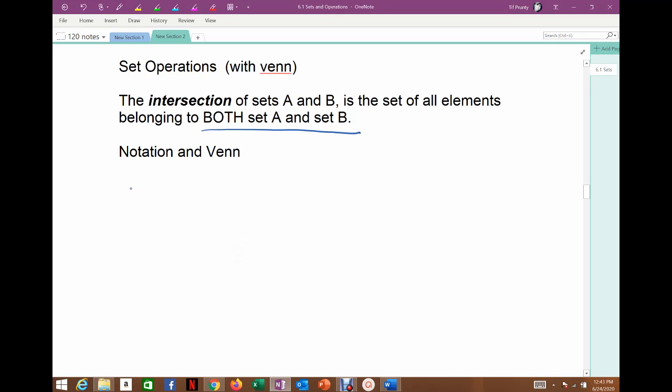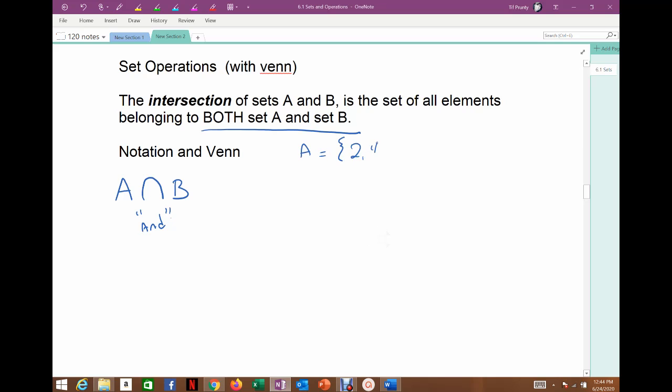The notation for the intersection is A, then this sort of upside-down U, then B. Again, this stands for "and." Elements in A and B. I'm going to write my A and B sets from earlier.